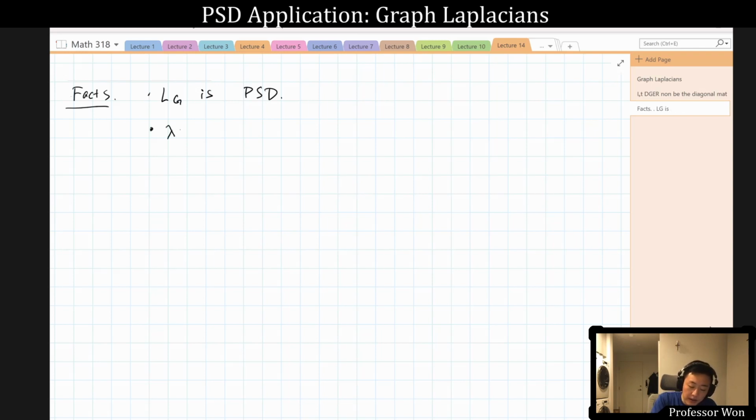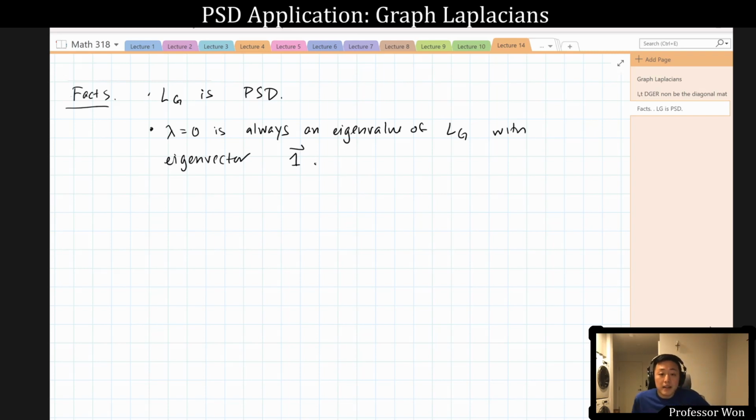Fact 2: lambda equals 0 is always an eigenvalue of L_G with eigenvector the all ones vector. So the all ones vector is always an eigenvector of every Laplacian, and it corresponds to a 0 eigenvalue. This is actually fairly easy to see, right?